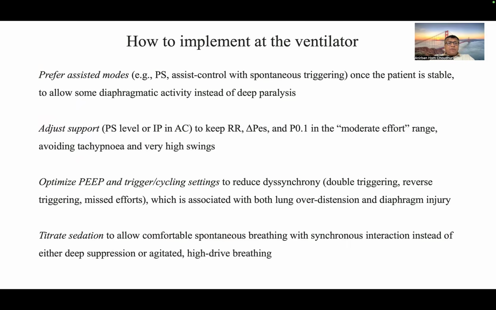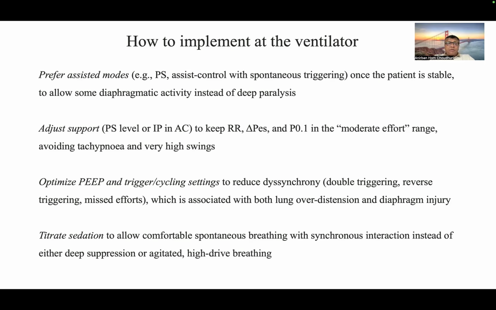Then adjust the support, that is pressure support level or inspiratory pressure in assist control ventilation, to keep the respiratory rate, the esophageal pressure swings, and the occlusion pressure in the moderate effort range, avoiding tachypnea and avoiding very high swings. Optimize the PEEP and trigger cycle settings to reduce dyssynchrony, like double triggering, reverse triggering, missed efforts.